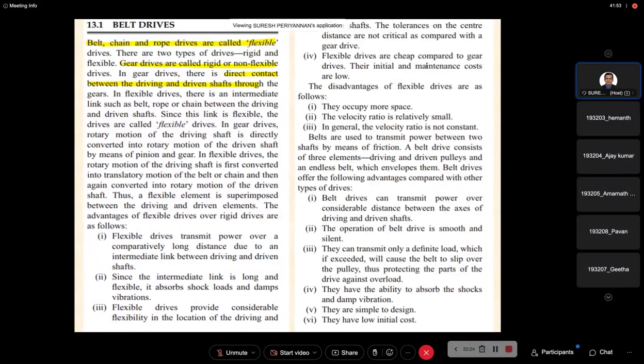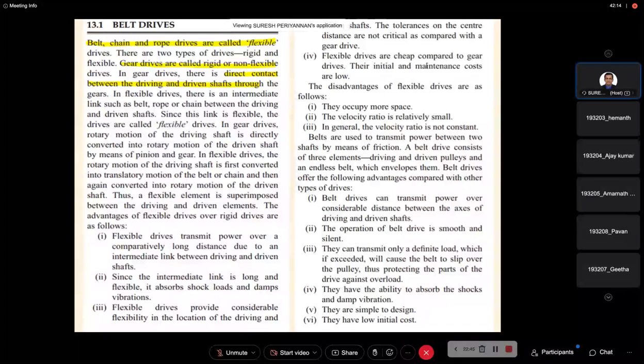In a rigid drive, there are two components: for example, a driven gear and a driving gear. For a flexible drive mechanism, there are three components: the driving pulley, the driven pulley, and the belt, an endless belt.